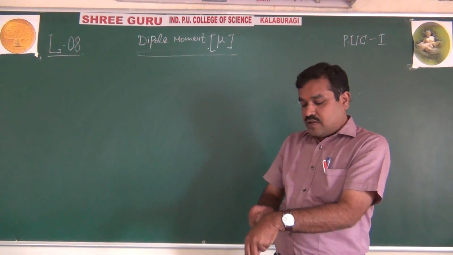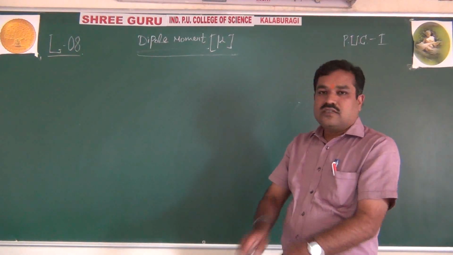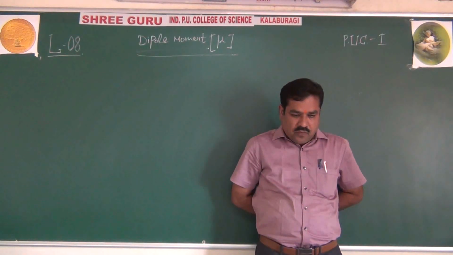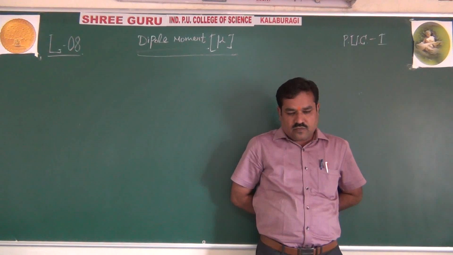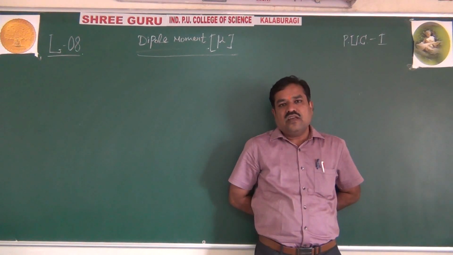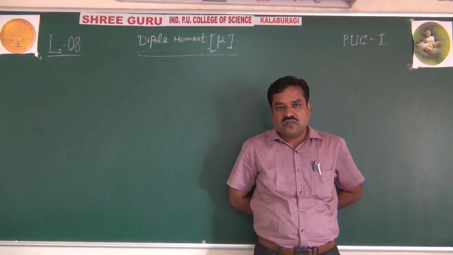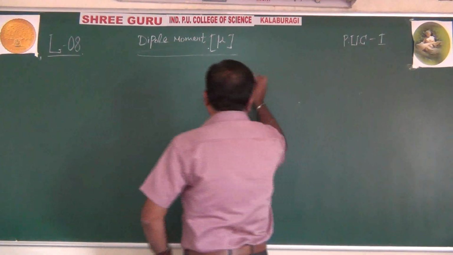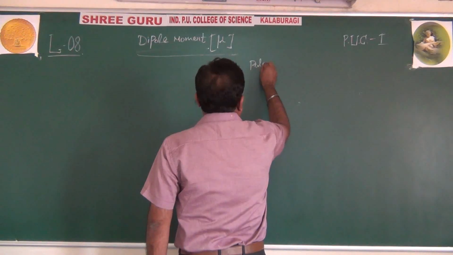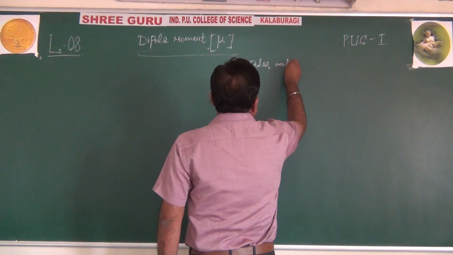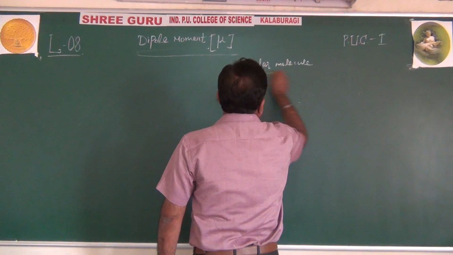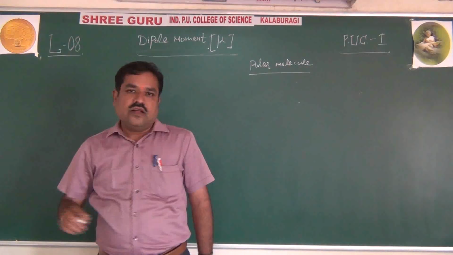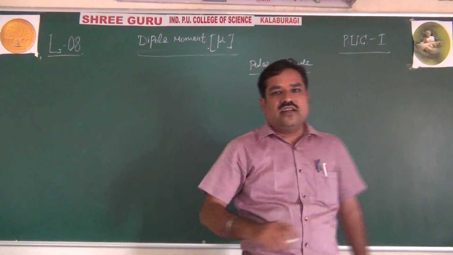Now, what is dipole moment? It is a property of a molecule by which we can decide the polarity of covalent compounds. If you consider a polar molecule, first of all, a polar molecule means it contains both a positive end and a negative end.